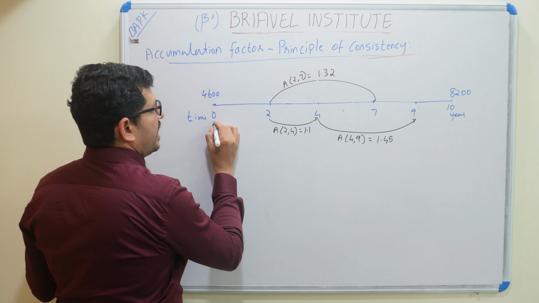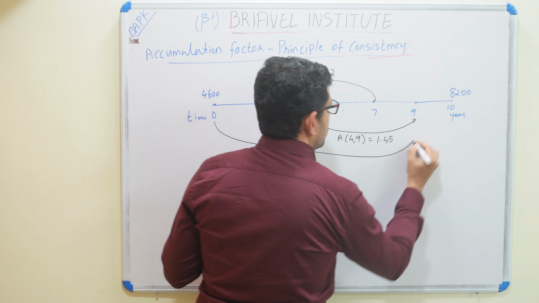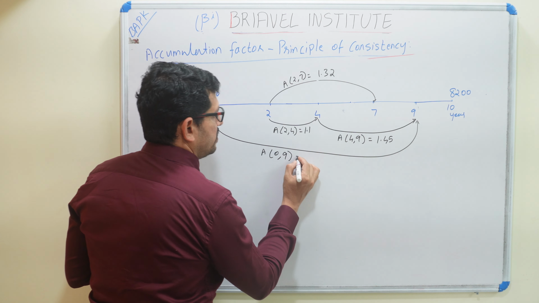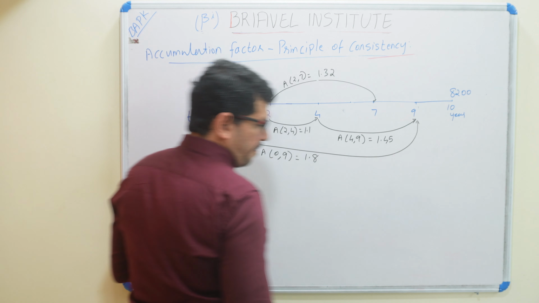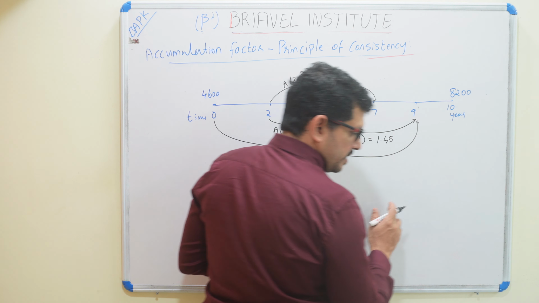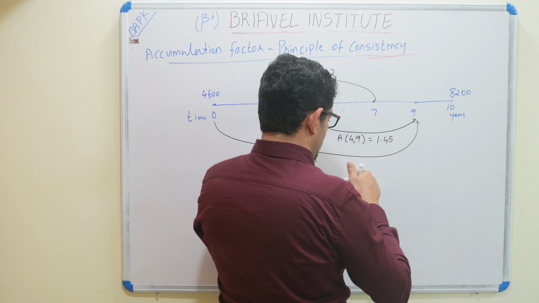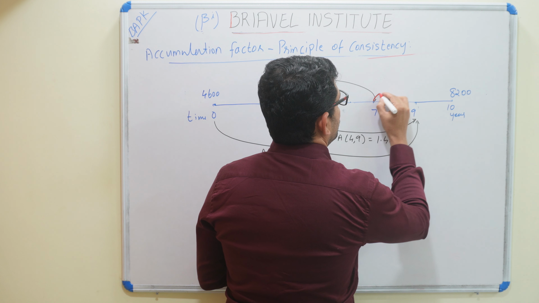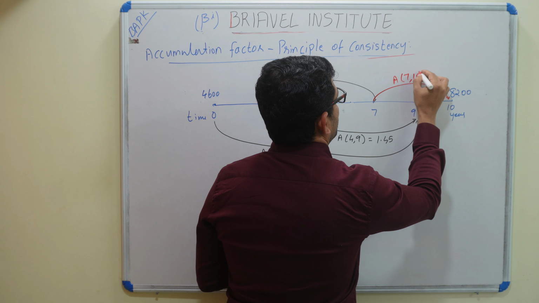And 0 to 9 is given: A 0 to 9 is equal to 1.8. And we are going to find out 7 to 10. What is the accumulation from 7 to 10? A 7 to 10 is the question.